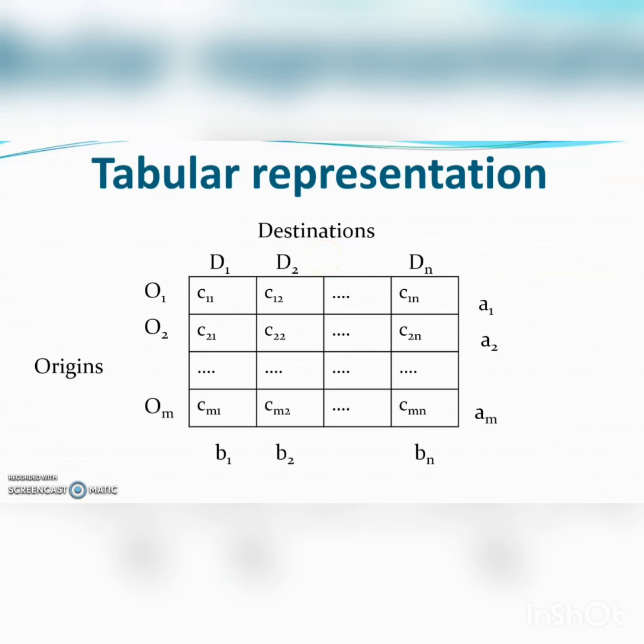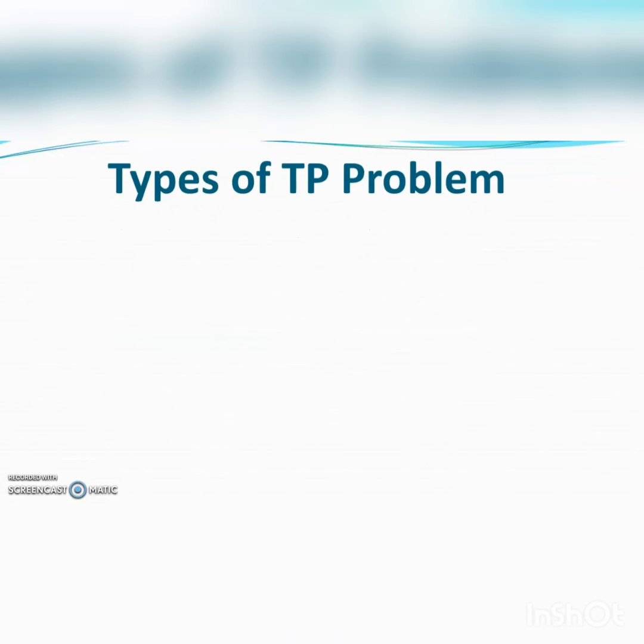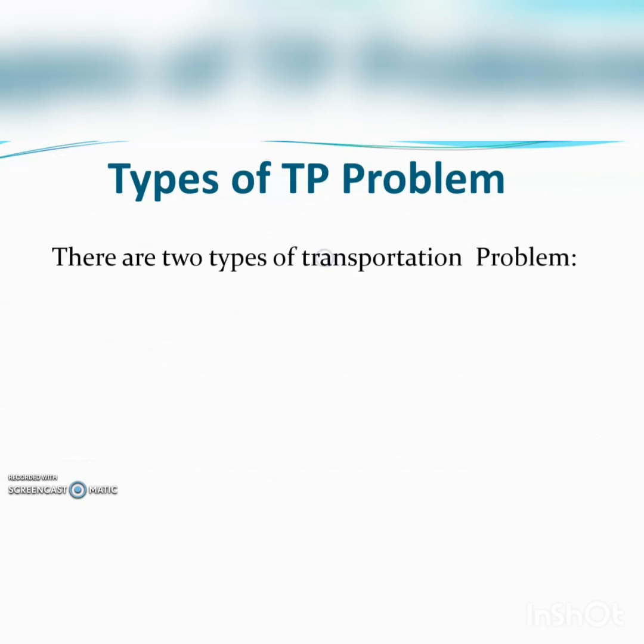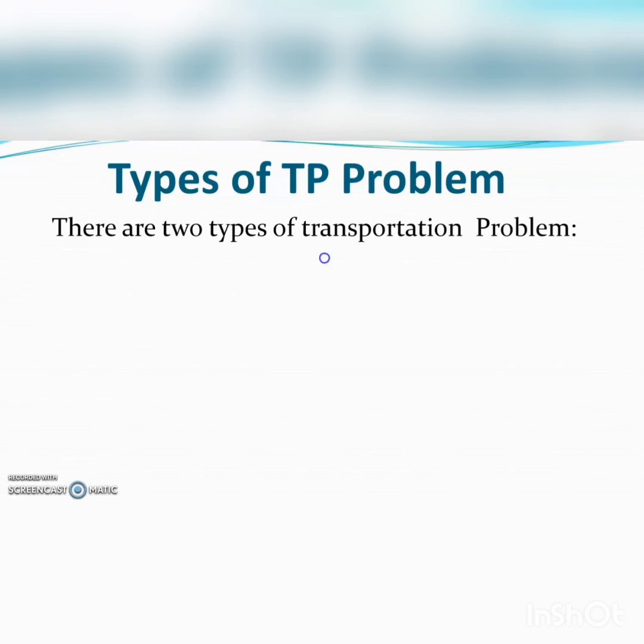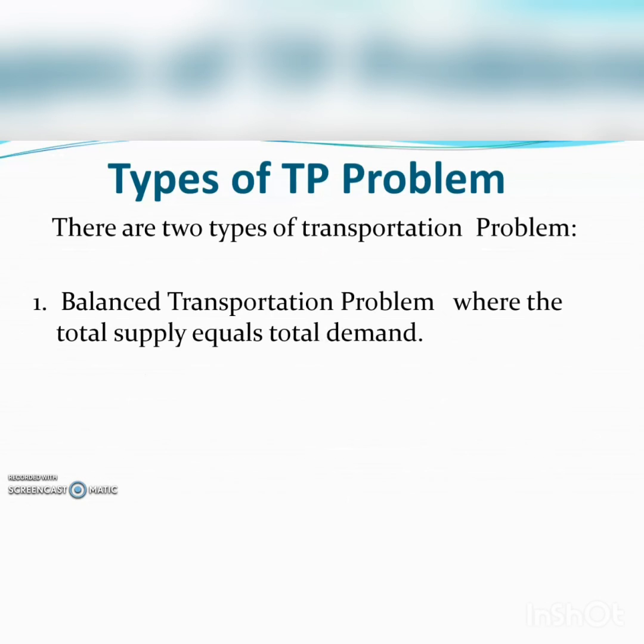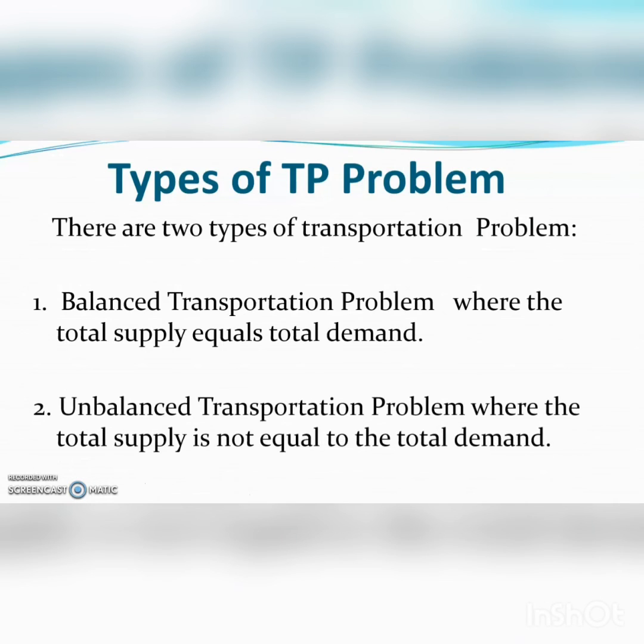Now we are going to discuss different types of transportation problems. There are two types: one is called balanced transportation problem, and the other is unbalanced transportation problem. In a balanced transportation problem, total supply equals total demand, that is summation ai is equal to summation bj.